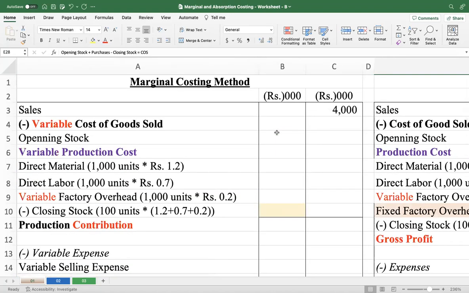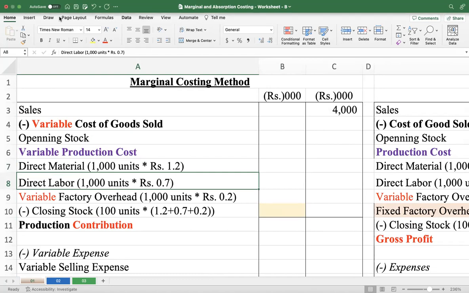Here, what are the purchases that we have? We have direct material and direct labor, which we are also paying for, and these are directly attributable to our production. And remember, here in this part, we are finding the variable cost of goods sold.